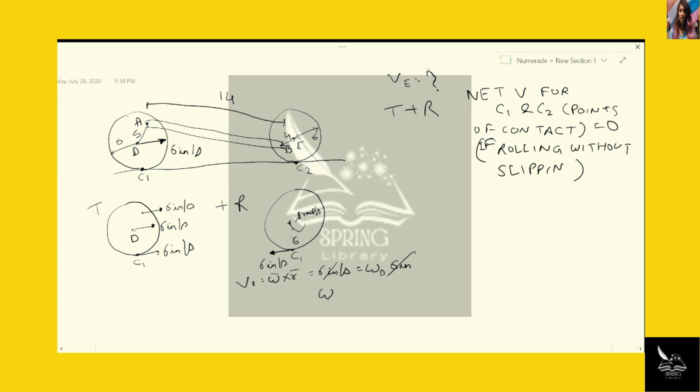So 6 inches cancel, and omega D is 1 radian per second.